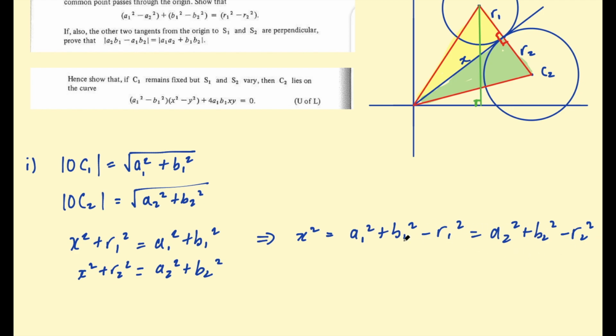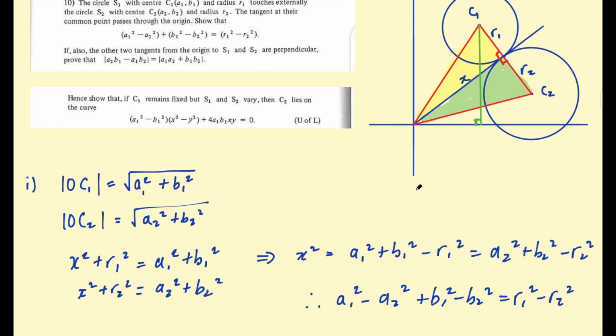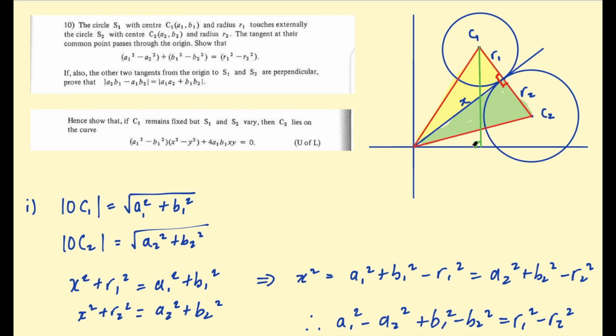So these two things are equal, therefore we can say A1 squared take A2 squared plus B1 squared take B2 squared equals R1 squared take R2 squared. So that's the first part, just basically finding OC1 and OC2 in terms of A1 and B1 and then relating them using that line from the center to the points where the circles touch.